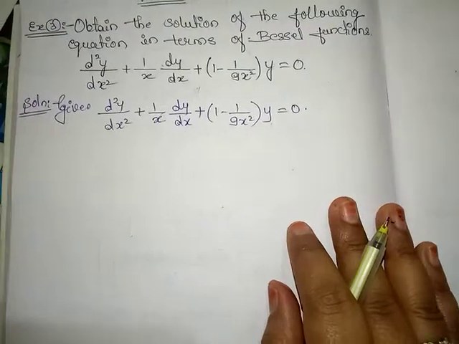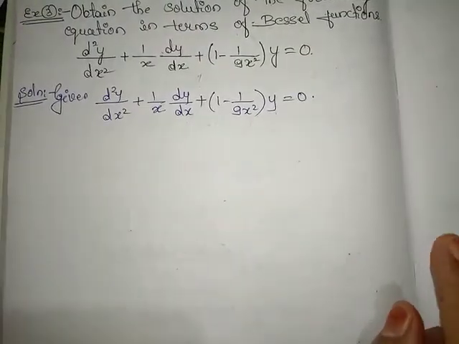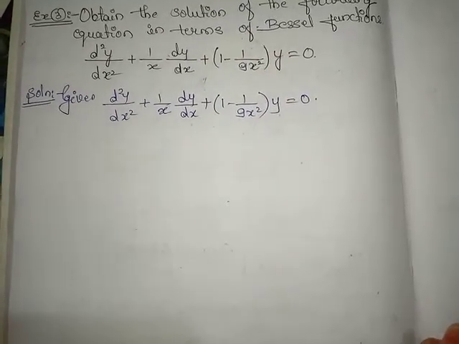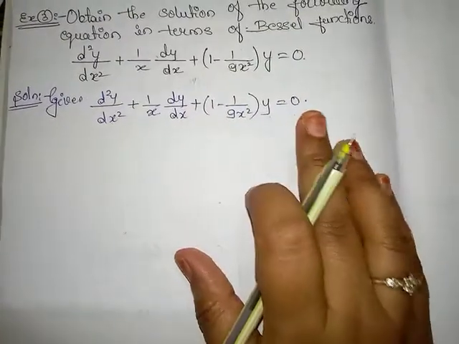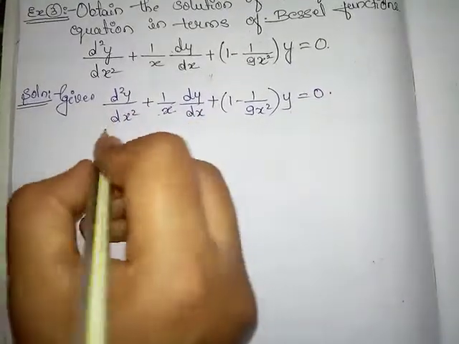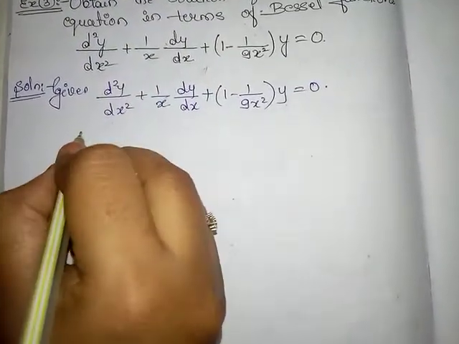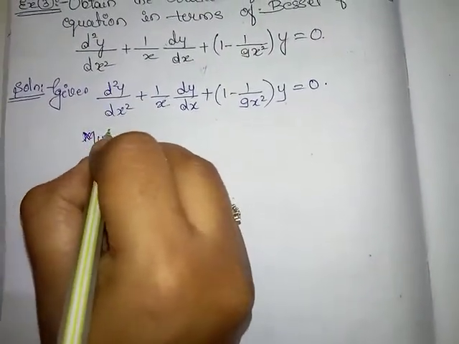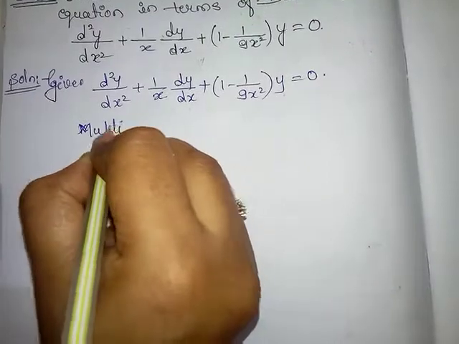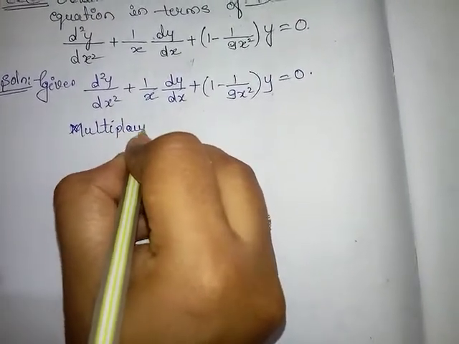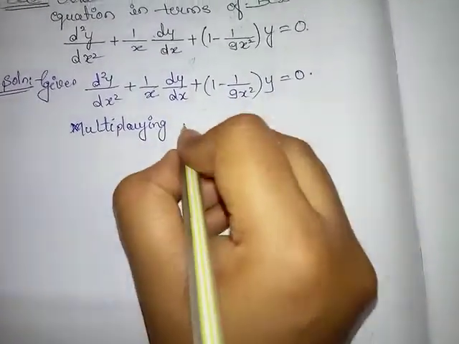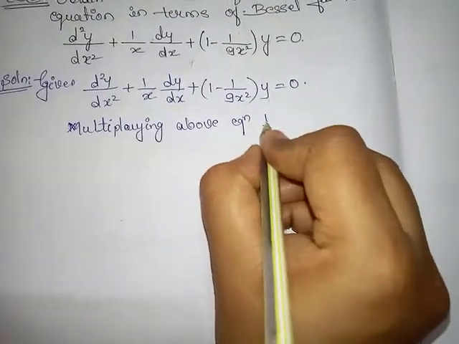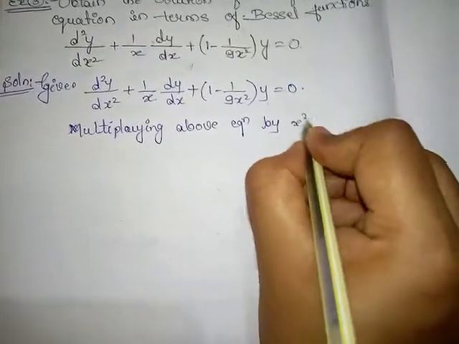We know that our Bessel equation is of the form x square into y double dash plus x into y dash plus x square minus n square into y is equal to 0. To get that equation, I will multiply the above equation by x square.